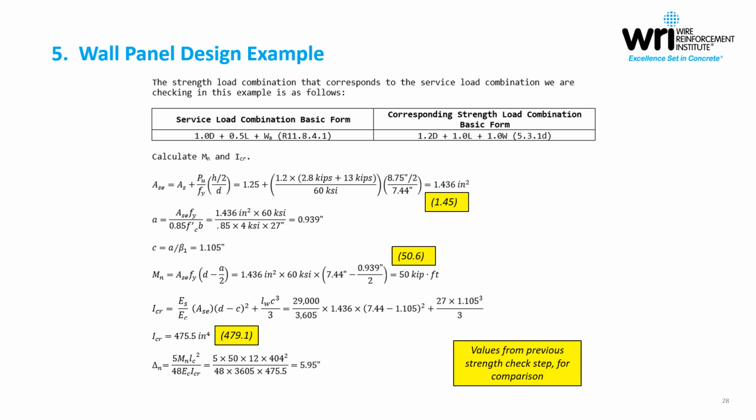We're doing that based on the ACI 318 equation 5.3.1D that is modified to reflect the absence of the roof live load case, since theoretically this is the same form, quote unquote, of the strength load combination corresponding to the service load combination we just used to derive loading in step 7.